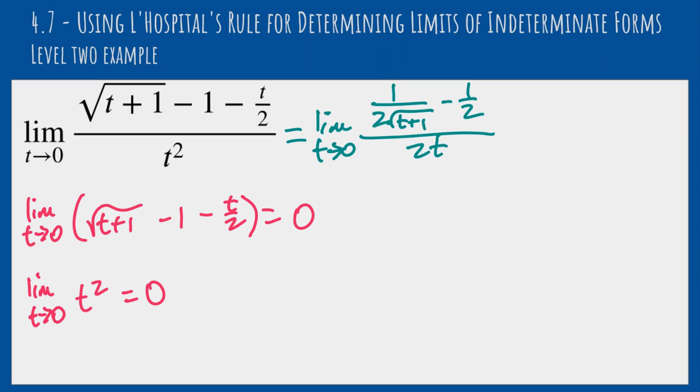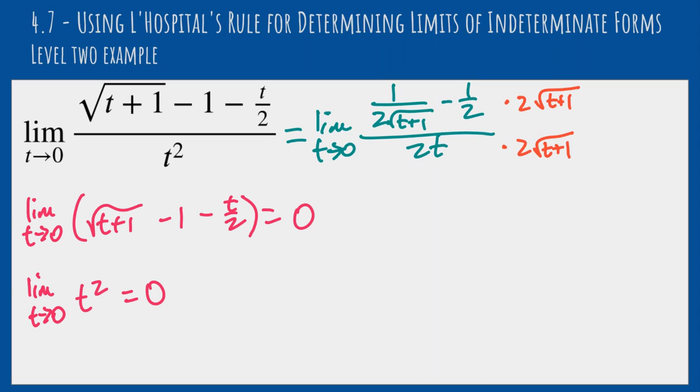So what I'm going to do is multiply the numerator and the denominator by the common denominator on top. So really all I need to do is multiply the numerator and denominator by 2 times the square root of t plus 1.